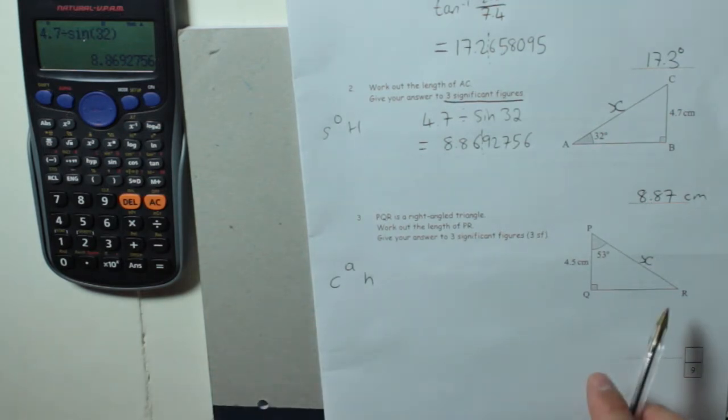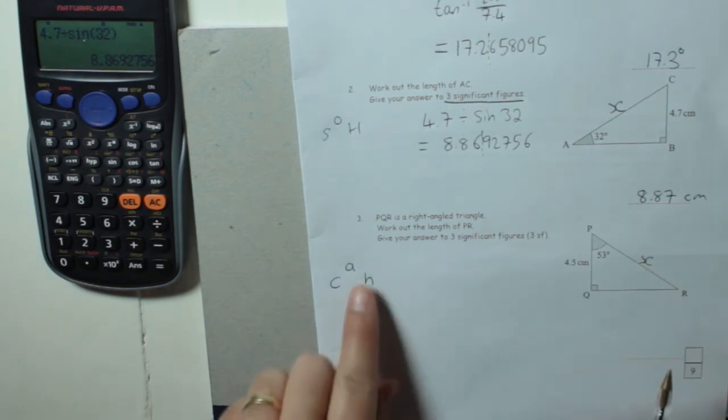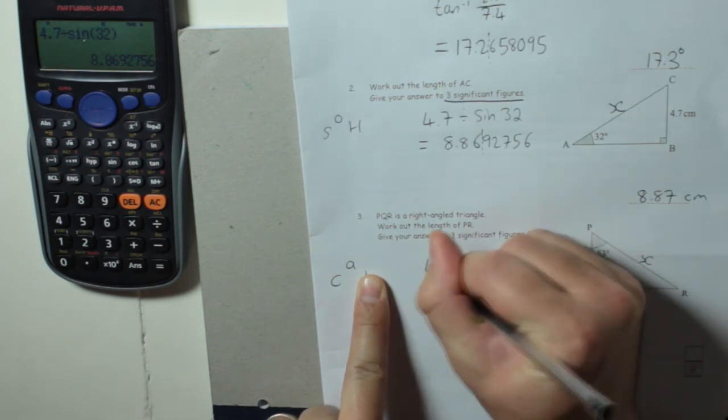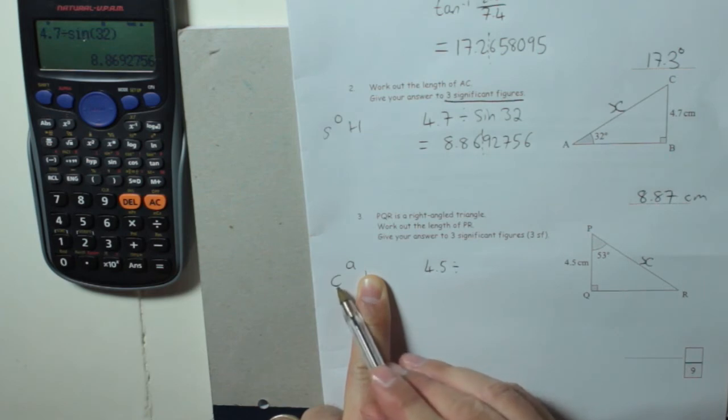Right, so, I want to find the hypotenuse. Cover up H, that means we're doing the adjacent, 4.5, divided by cosine of the angle. So cos 53.